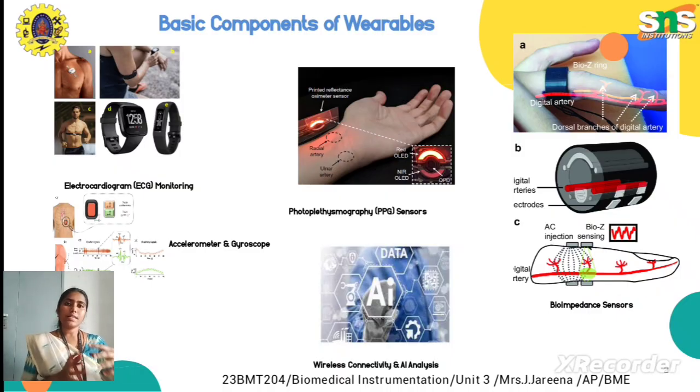These sensors play a very important role, because when we are choosing the components, we have to be very serious about what type of sensor we are choosing and for what purpose. We have to be very conscious when picking particular sensors, because the sensor acts as the core component, giving all the valuable information about our health status.